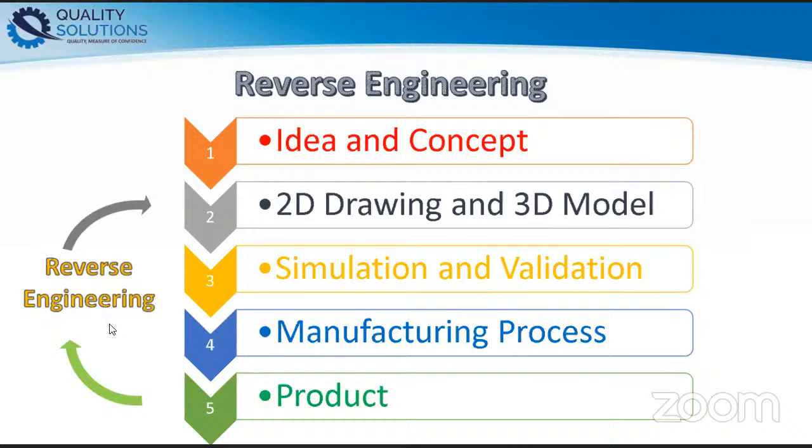Basically, we take the product, reverse it, and get the initial information such as 2D drawings and the 3D model. There are various methods used for reverse engineering in the mechanical field, which range from manual measurement methods to 3D scanning.